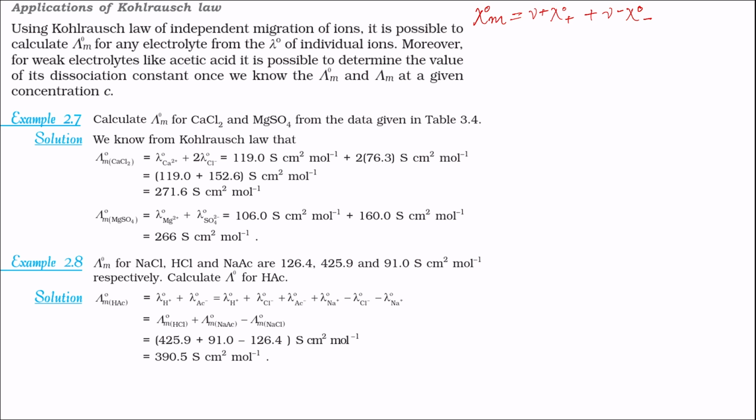The second application is dissociation constant of weak electrolyte can be determined from the limiting molar conductivity and the molar conductivity value.